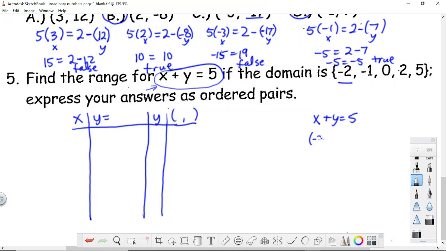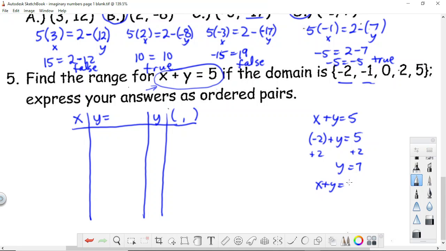Put that in for x and write the equation down exactly. X plus y equals 5, well, negative 2 plus y equals 5, plugging in the negative 2 for x. And then we can solve for y. Add 2 to both sides, and we get y equals 7. And we could do that for each of these values. And let's do one more.